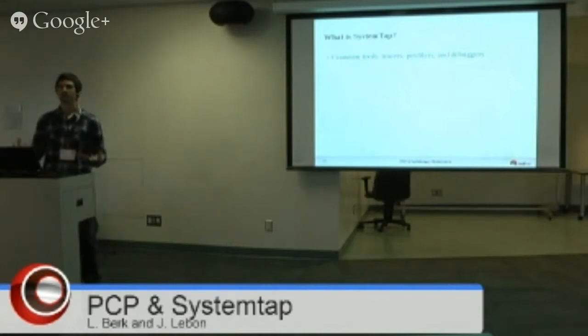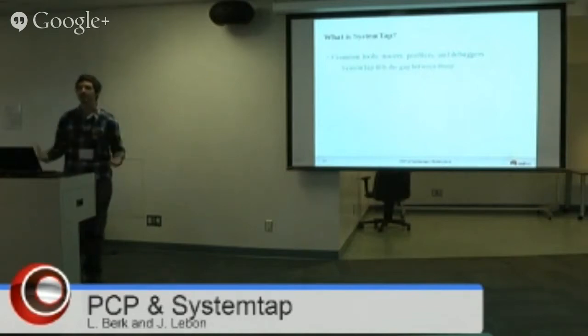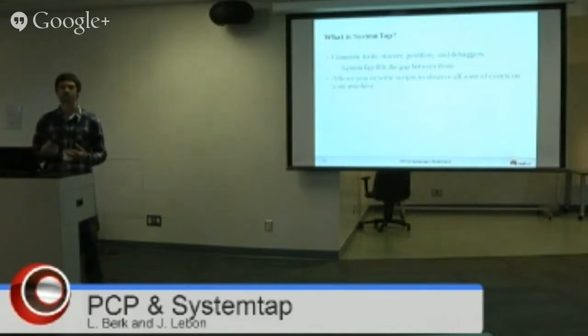Debuggers, of course, are the ultimate tool, but it's not always an option to stop the program, change the source code, recompile, stuff like that. So Systemtap kind of fills the gap between all of those. It allows you to write scripts to observe all sorts of events on your machine, system-wide, live. So if you know dtrace, it's a similar idea to dtrace.